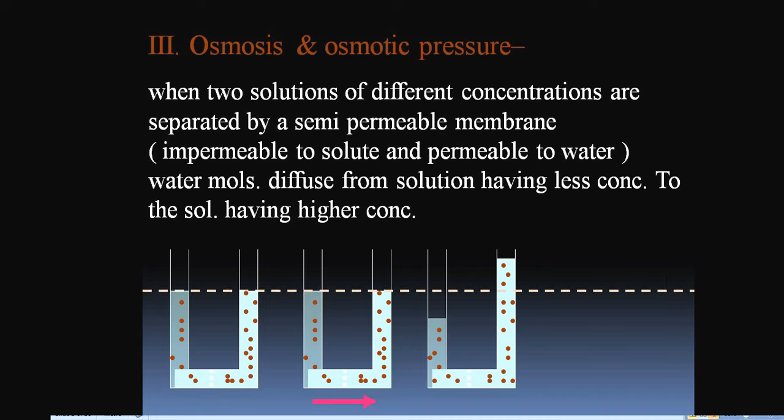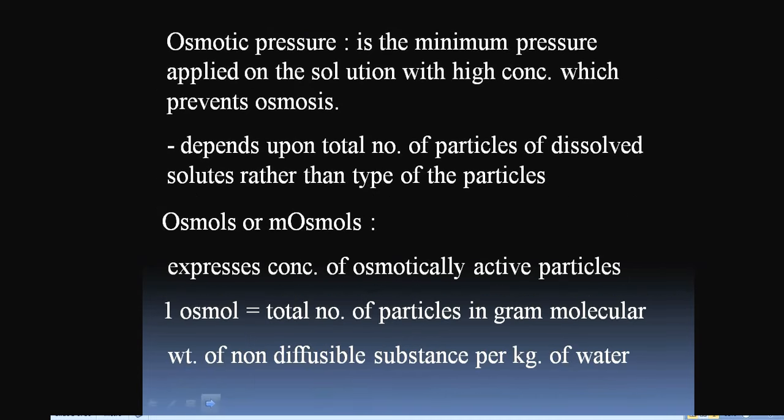This is a graphical representation showing the process. The osmotic pressure is the minimum pressure applied on the solution with higher concentration which prevents osmosis. It depends upon the total number of particles of dissolved solutes rather than the type of particles.